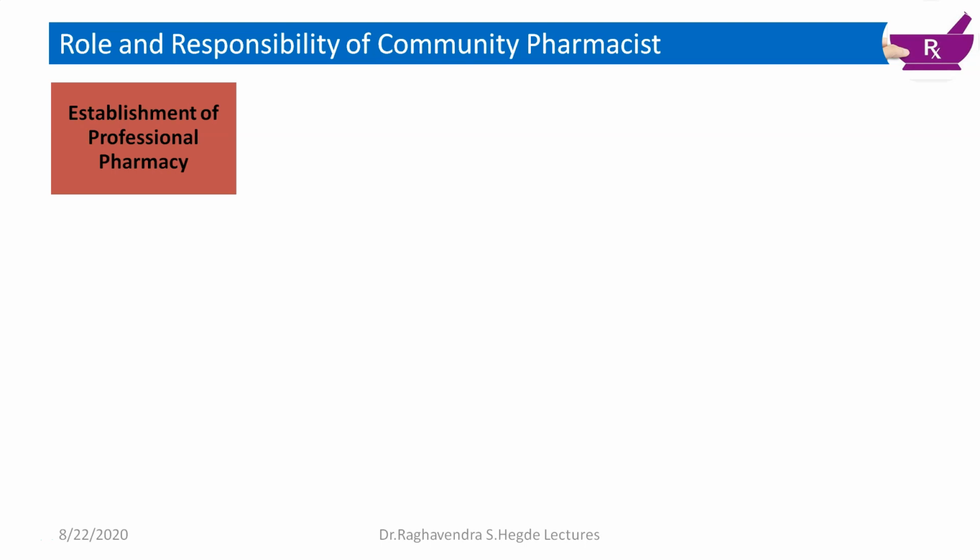Because the pharmacy reflects the image of the profession in the society. Its setup, its interior, exterior decoration should be made to follow the concept of patient care. According to international trends and professional activities, the retail pharmacy should be named as pharmacy.